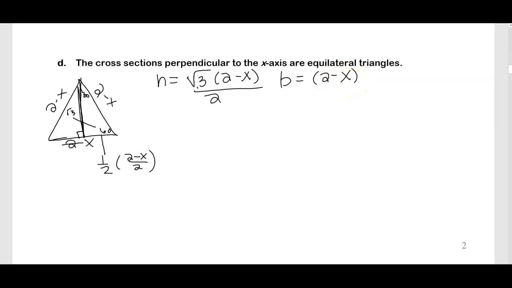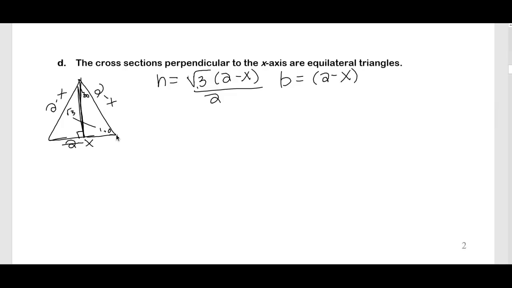We only needed half to look at the 30, 60, 90. So is it over 2 and not 4? The half was for the 30, 60, 90. Because it's the height times the base. Well, the base in our triangle is only half the base, because it's the triangle in half.